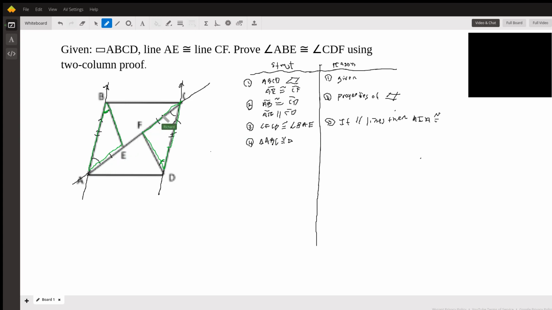Well, obviously A and C correspond because these were alternate interior angles, so that means C has to go here, because you want the angles' congruency to line up. Angle B would be corresponding with D, so CDF. And the reason here would be side angle side.